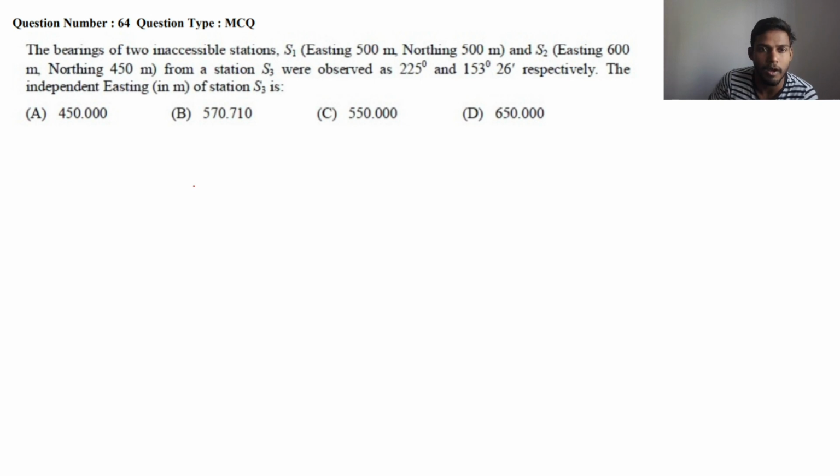So first of all, let's plot S1 and S2. To plot S1 and S2, we have north and east, the directions. Both are in the northeast side, so both lie in the first quadrant.